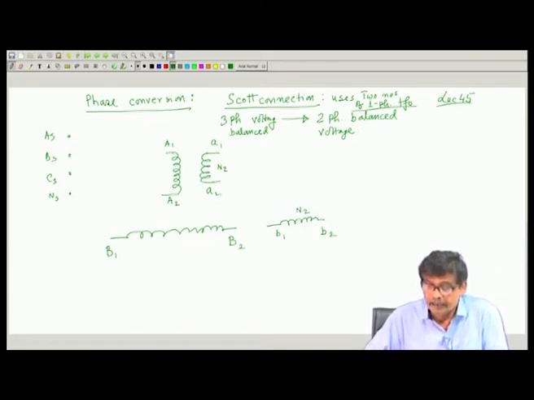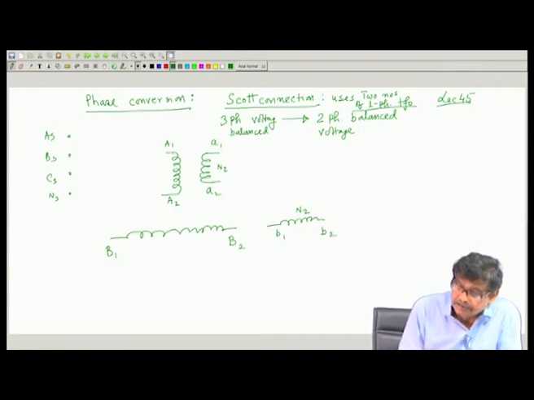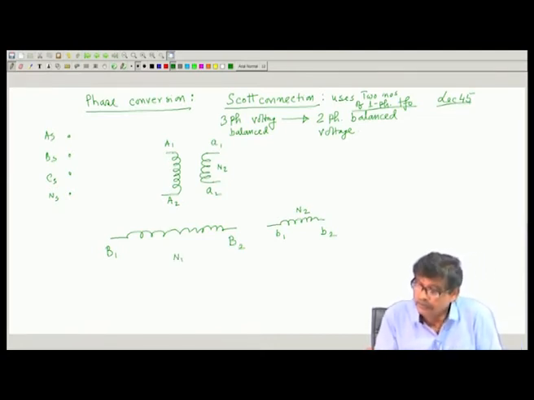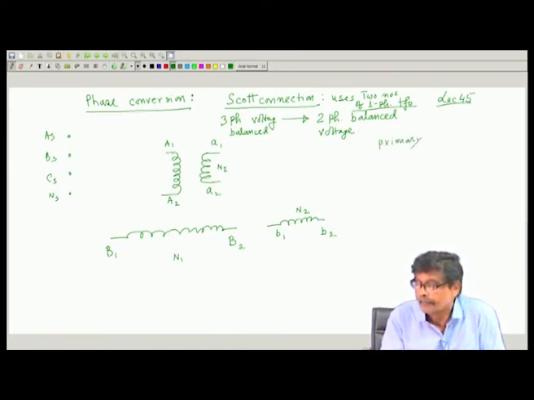And primary turns of transformer B is N 1. So, secondary turns are same, primary turns of transformer B is equal to N 1.